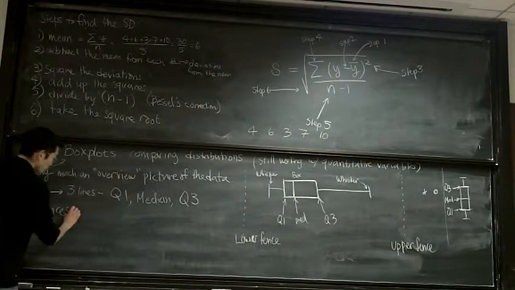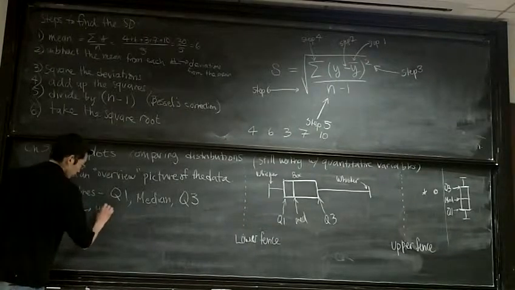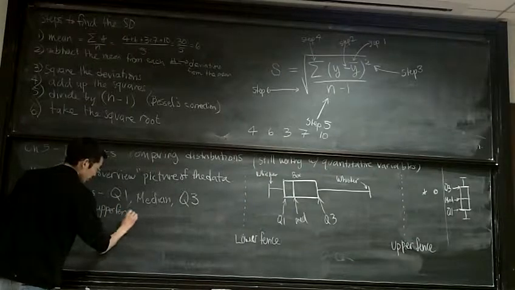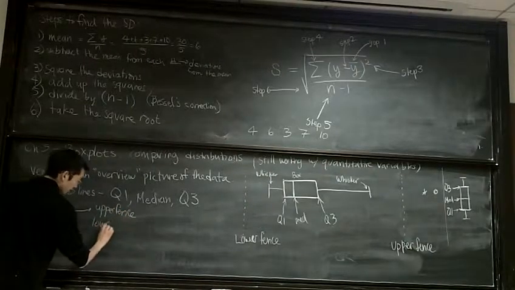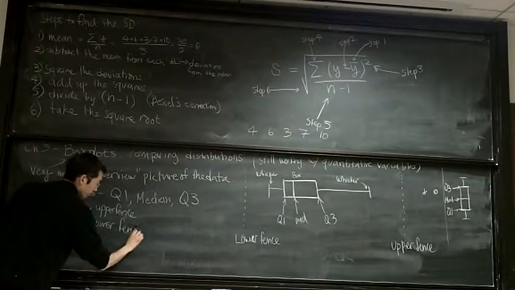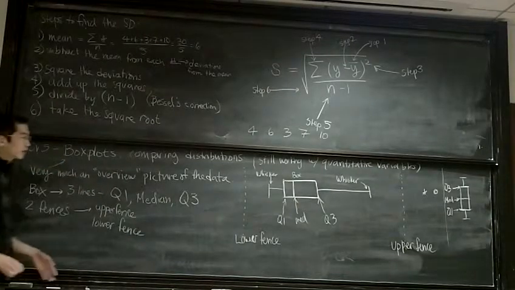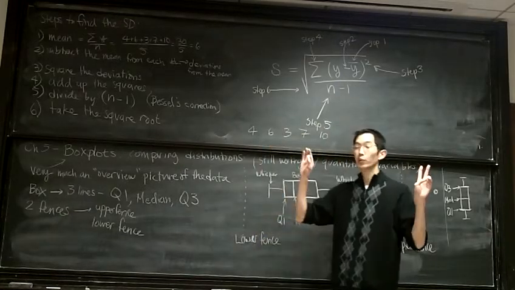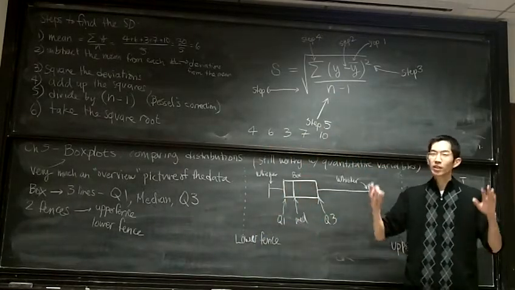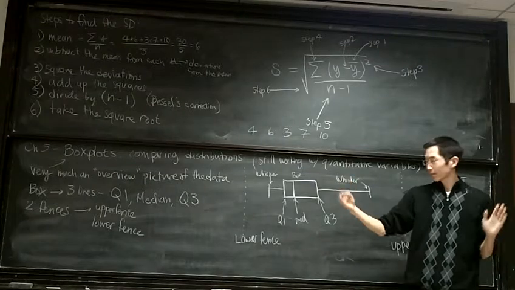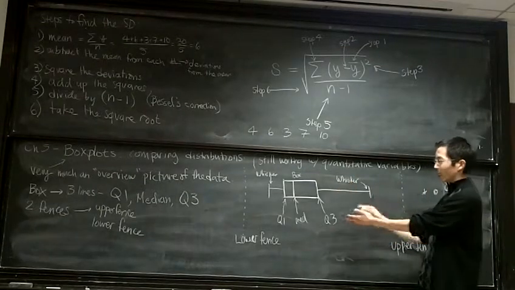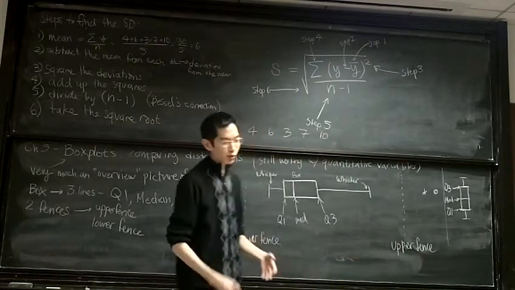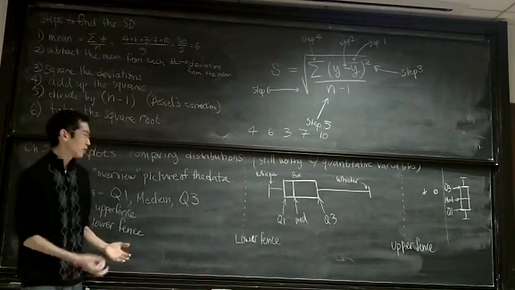So the two fences are an upper fence and a lower fence. The idea behind the fences is that they define what we call the normal range. This is the zone that we consider to be normal looking numbers or regular numbers.